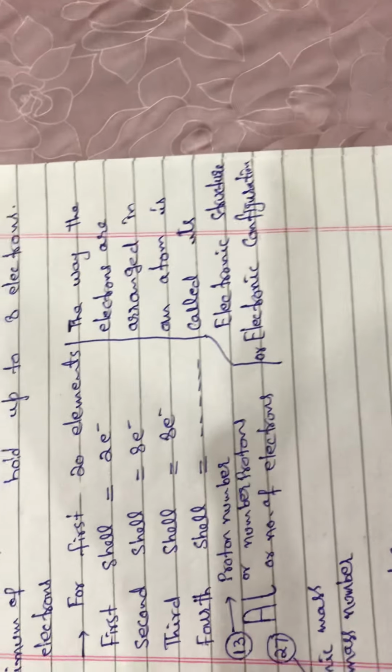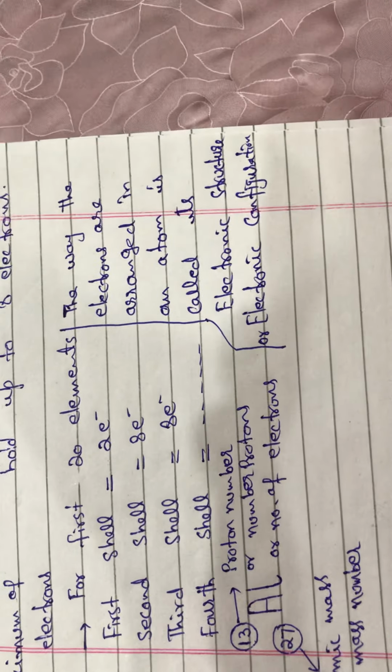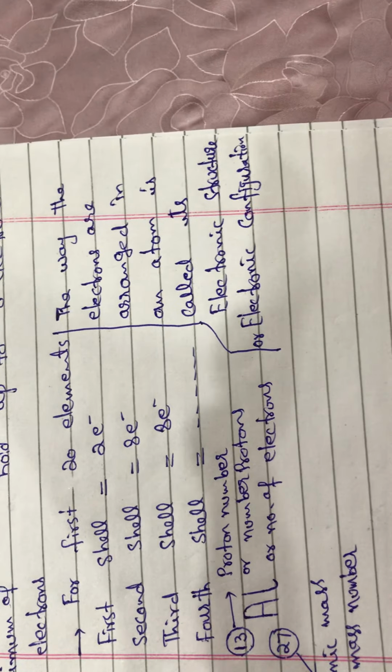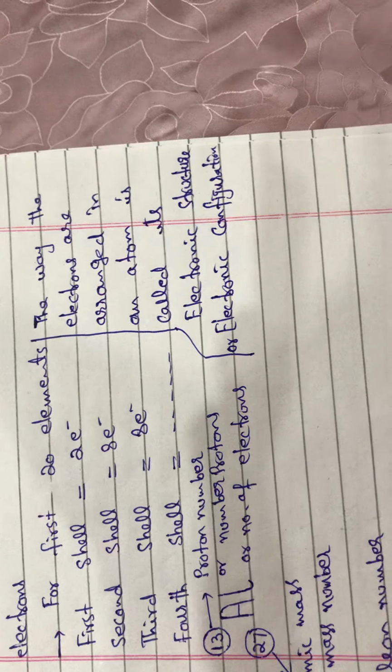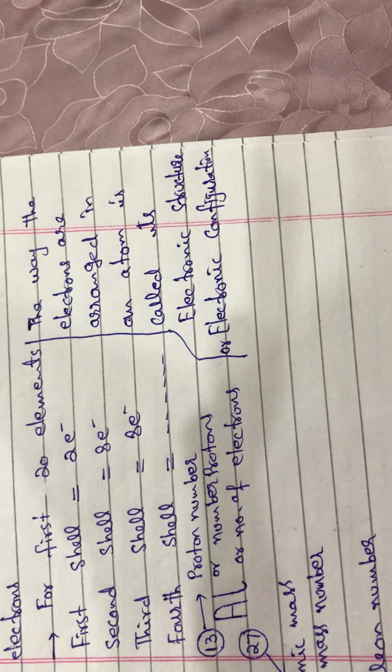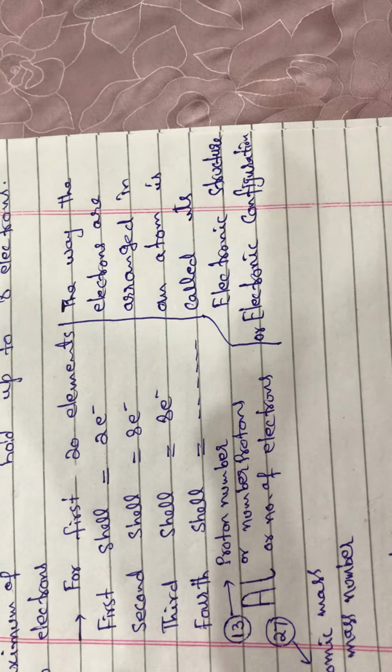So the method in which we are representing the electrons in electron shells is known as its electronic structure or electronic configuration.